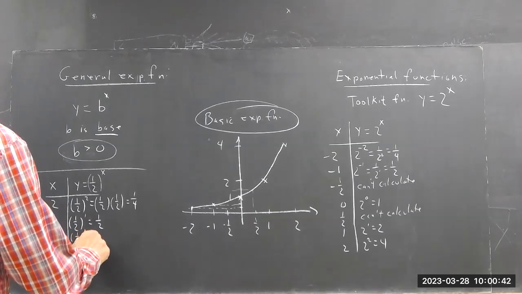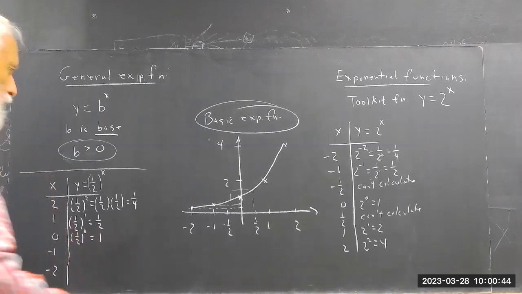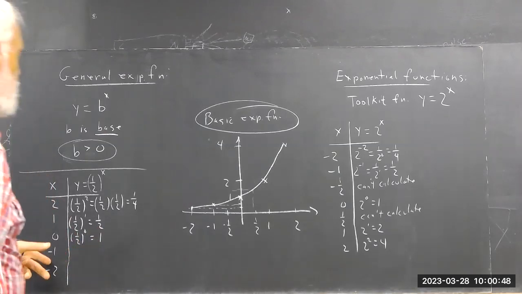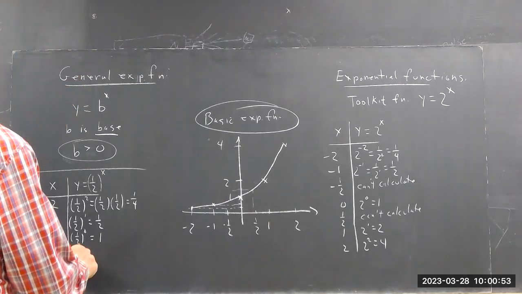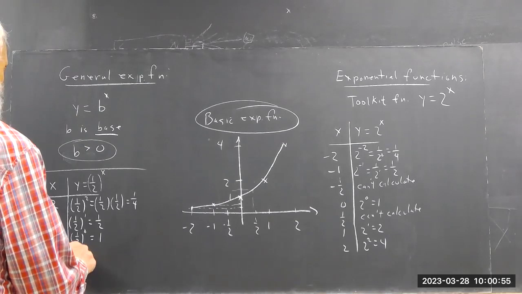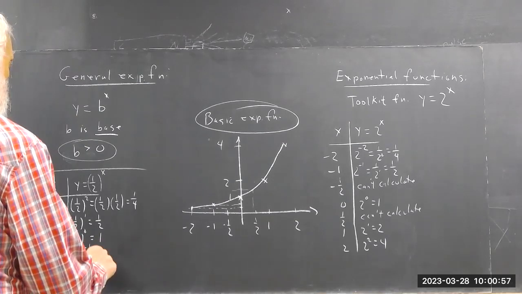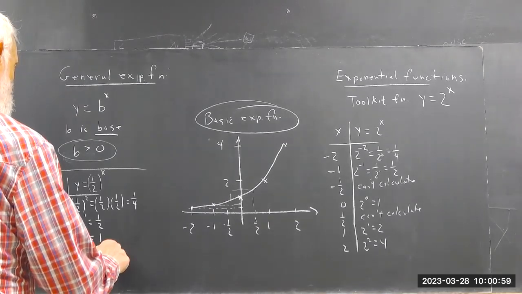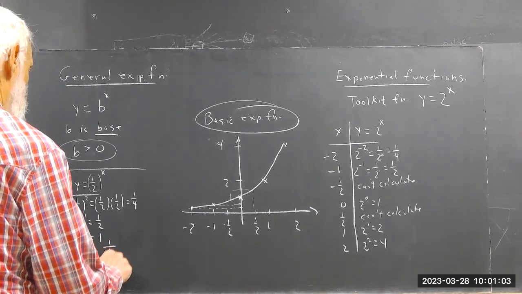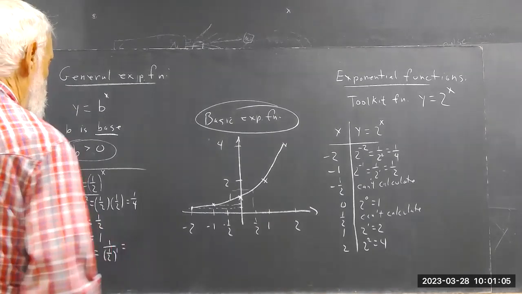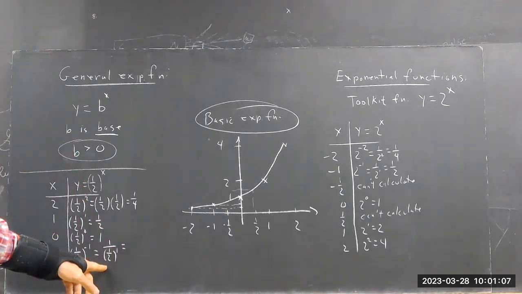X equals 0, we have 1/2 to the 0. Well, that's 1. When x equals -1, we have 1/2 to the -1, which is 1 over 1/2 to the 1.